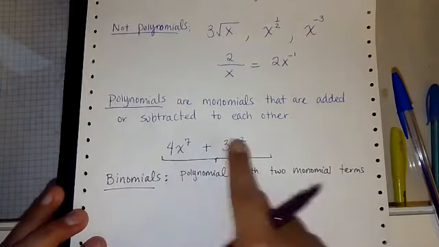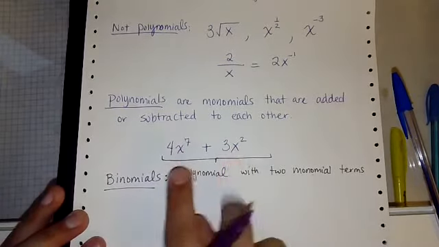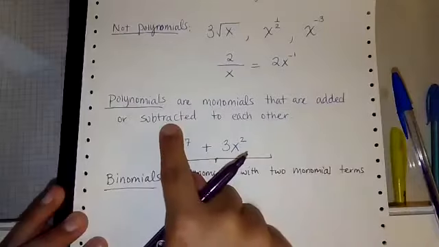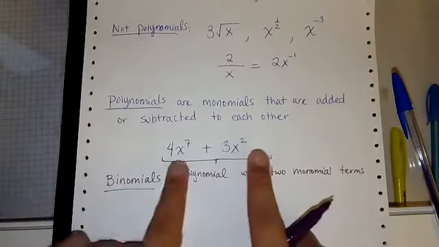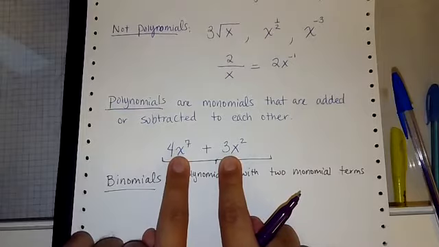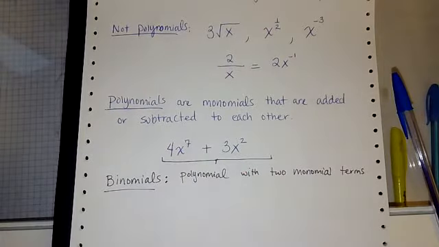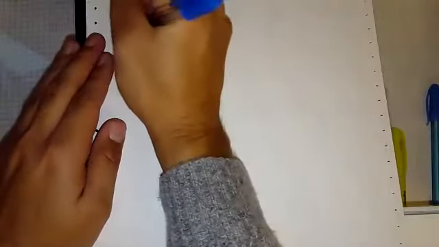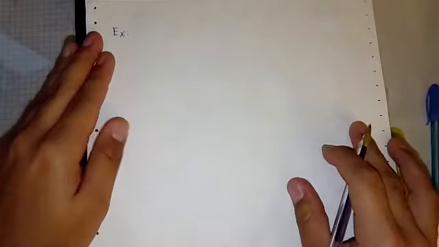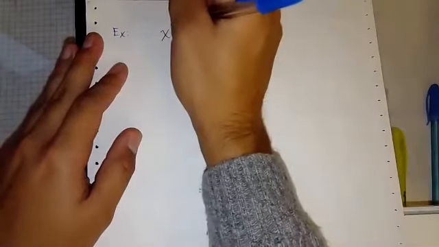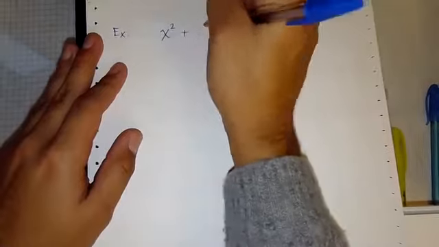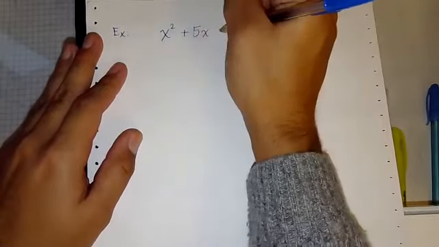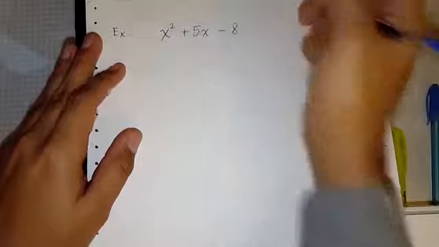Okay, and you can count the number of terms here, 1, 2, because they're separated by addition and subtraction. So as soon as you have this addition sign, you know that this is a term and this is a term. Let's look at another example here. Let's look at x squared plus 5x minus 8.